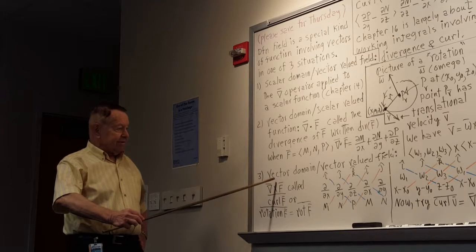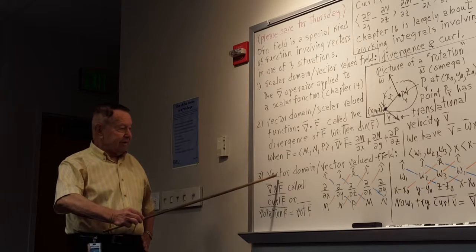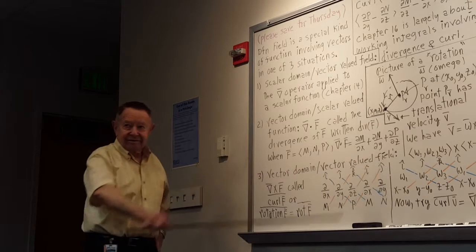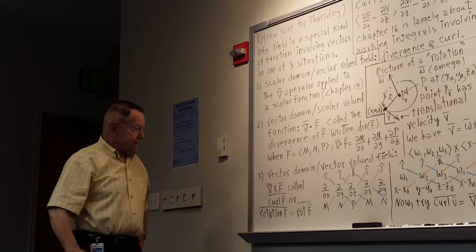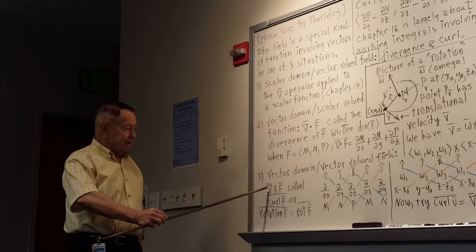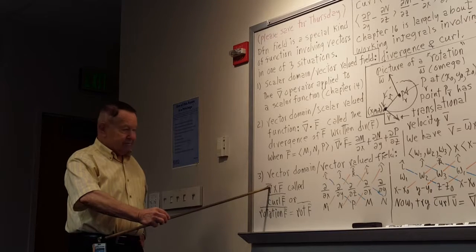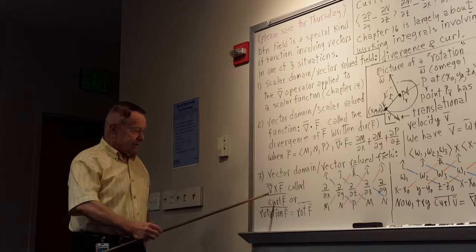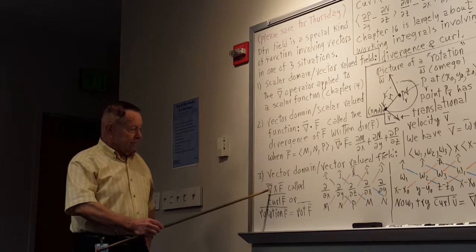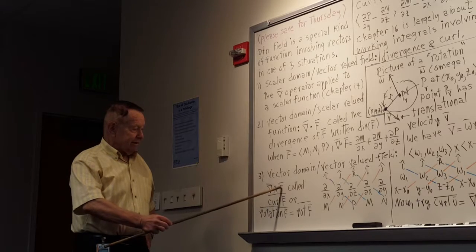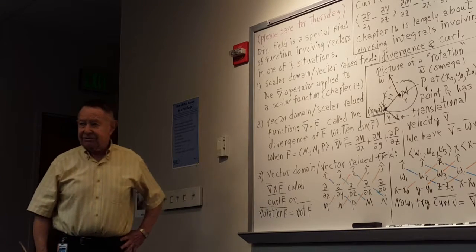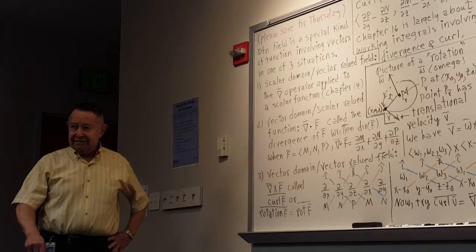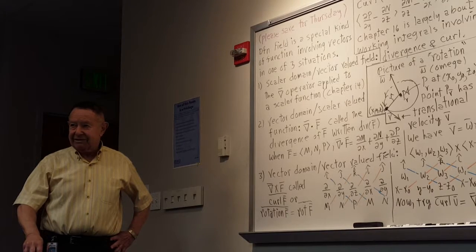And then finally, the third situation that we work with has a vector domain and a vector valued field for the range. We can produce that by taking the del operator and the cross product with a field: del cross F. One of the people in 19th century physics who worked with these ideas was a Scottish physicist named Maxwell.